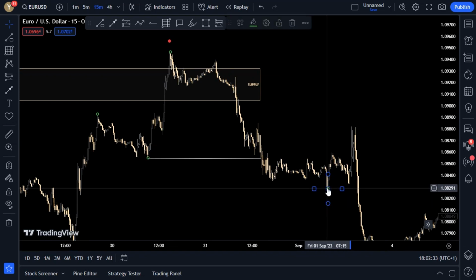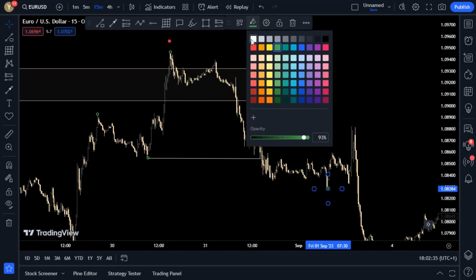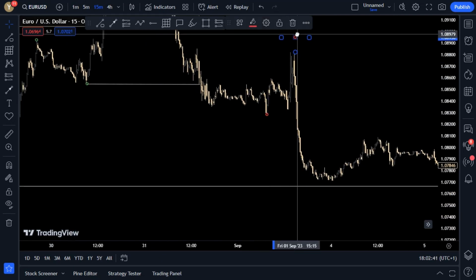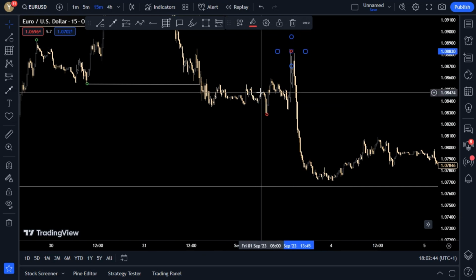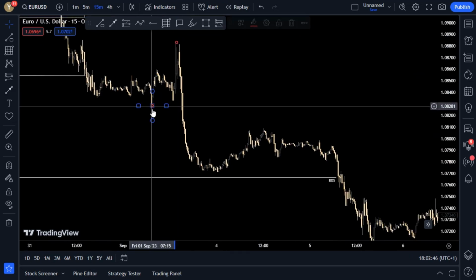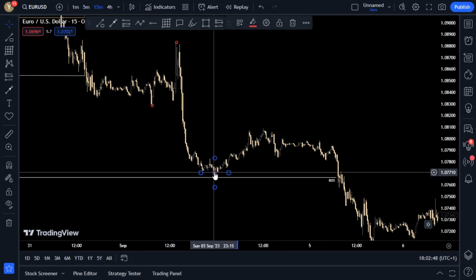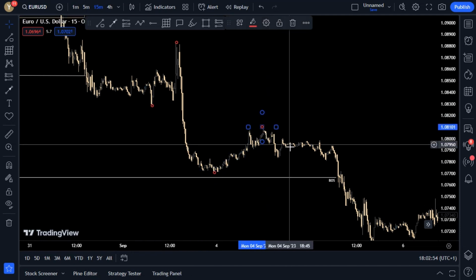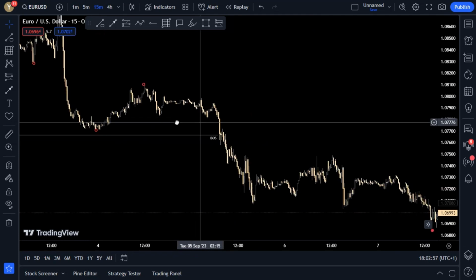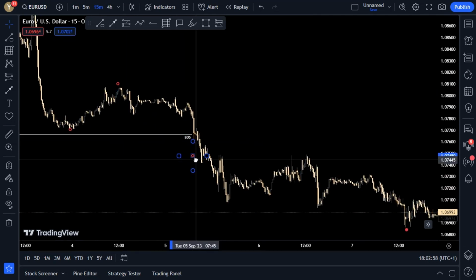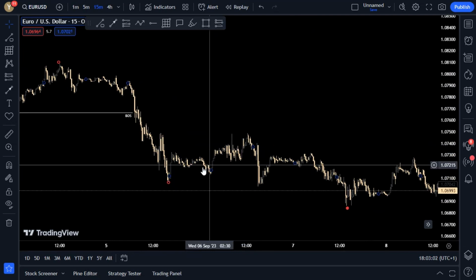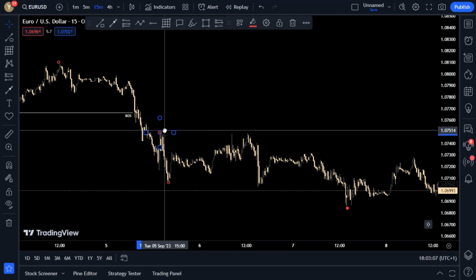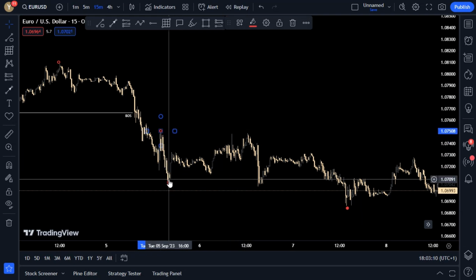I'm going to make this red because price has now shifted bearish, and this is the lower high, lower low, lower high. It's more comfortable using that level.